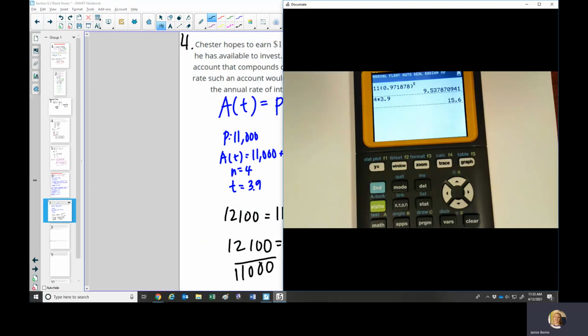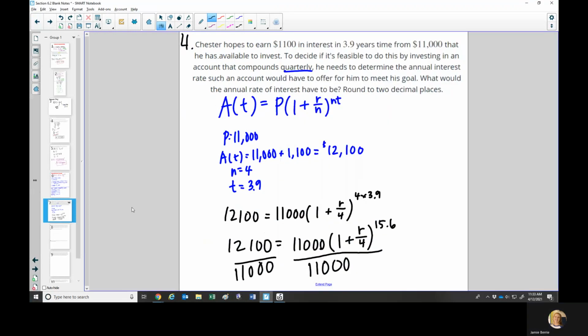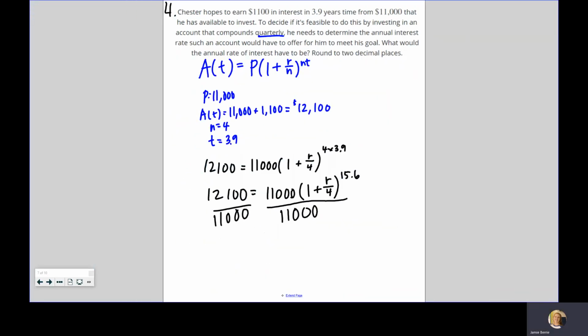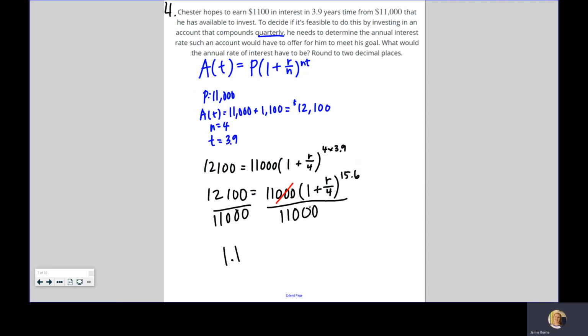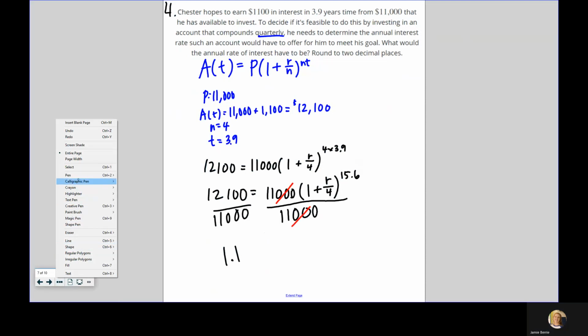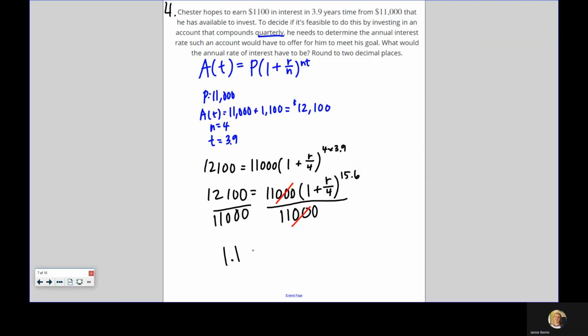On the left-hand side, we're going to have 12,100 divided by 11,000, which is 1.1. The right-hand side, that cancels. So we're left with 1 plus R over 4 raised to the 15.6.